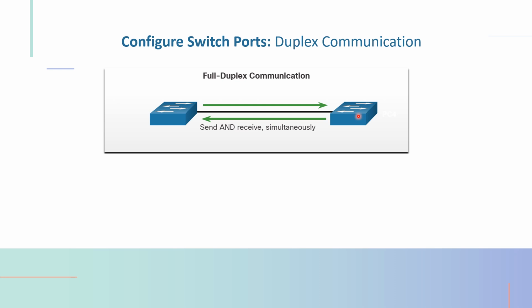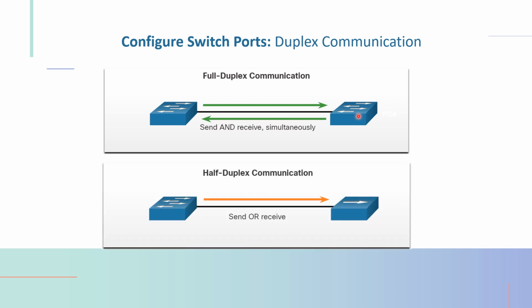A microsegmented LAN is created when a switch port has only one device connected and is operated in full duplex mode. There is no collision domain associated with a switch port operating in full duplex mode. But unlike full duplex communication, we also have half duplex communication, which is unidirectional.